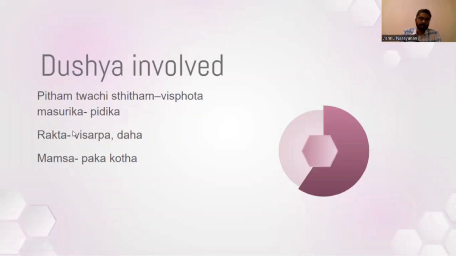And in the rakta region, there will be visarpa and daha, fast spreading and very severe redness over the area. When mamsa is involved, there will be paka and kotha. There will be inflammations, there will be infections happening. So all these can be visualized when the mamsa is involved.